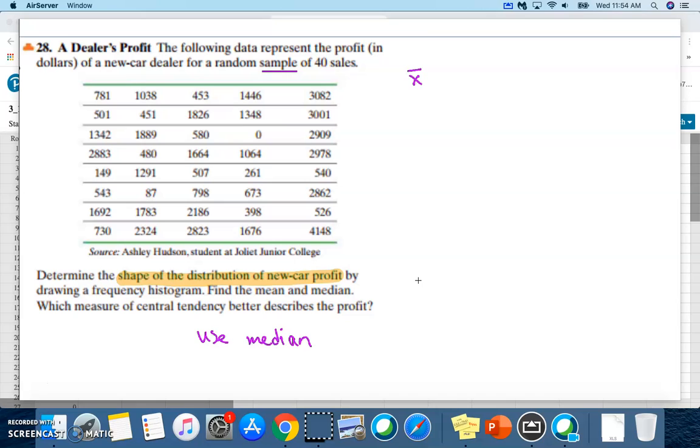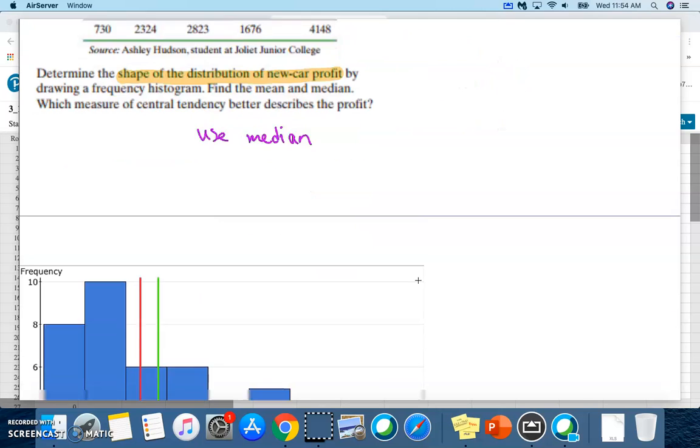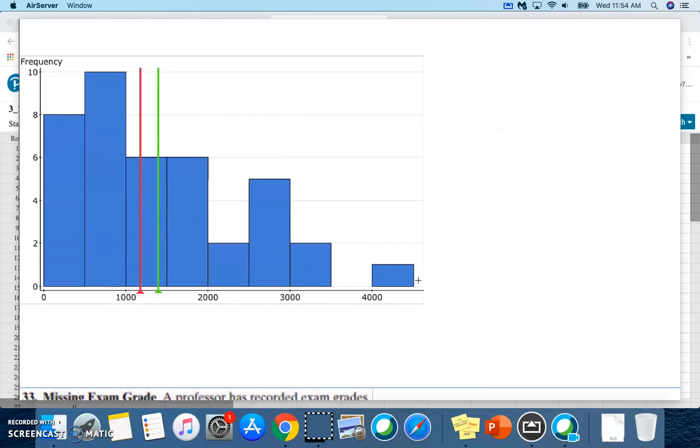So the median would be best to describe the profits. Again, that mean, x bar, was 1,392.83, and the median was 1,177.50. All right, so again, there's that picture right there for you.